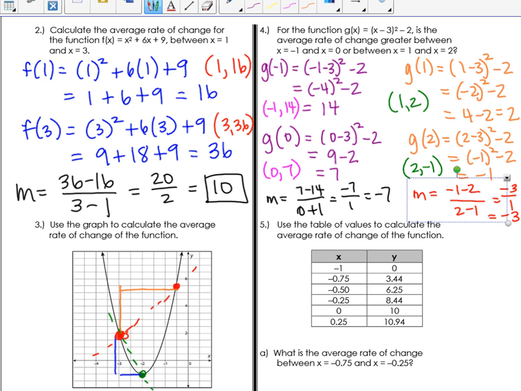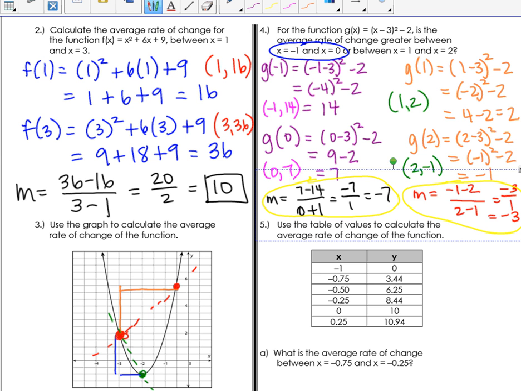So this is similar to what we talked about on the last question, because this question is asking which one has the greater rate of change. Well, over here, we had a rate of change of -7 between the points. Here, we have a rate of change of -3. So your greater rate of change is technically between x equals -1 and x equals 0, because even though -7 is less than -3, that negative is just implying that they both have a negative slope, but this is changing faster because 7 is bigger than 3.